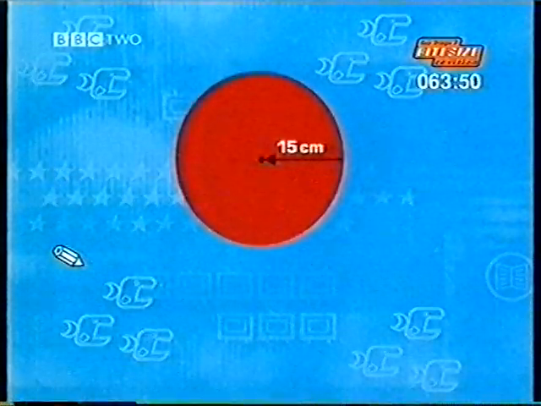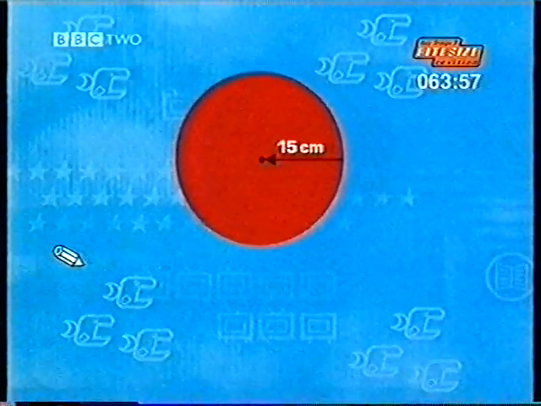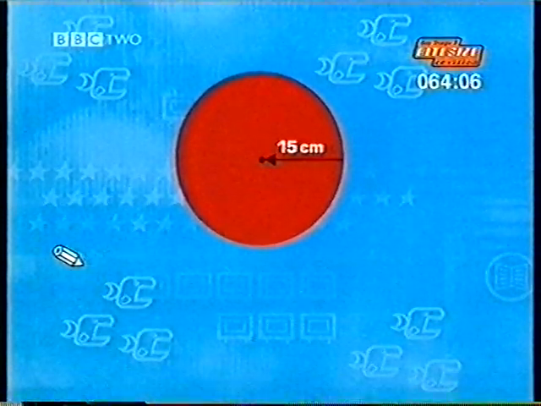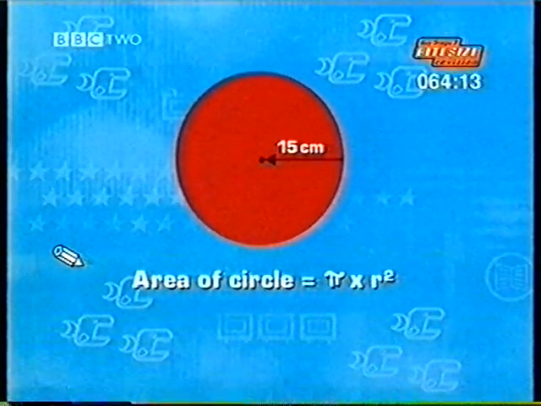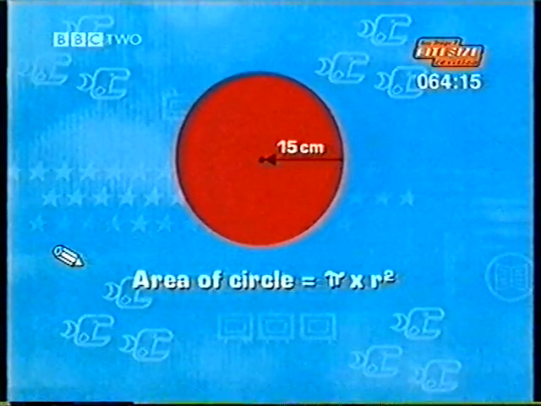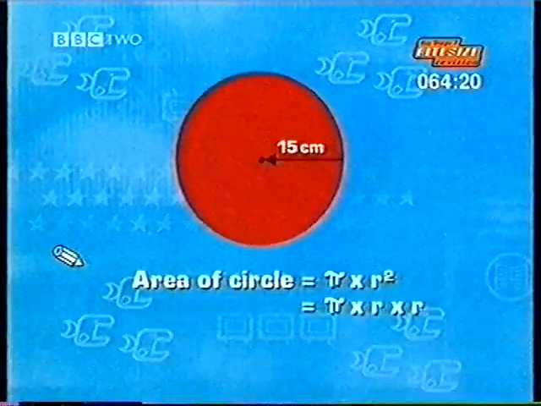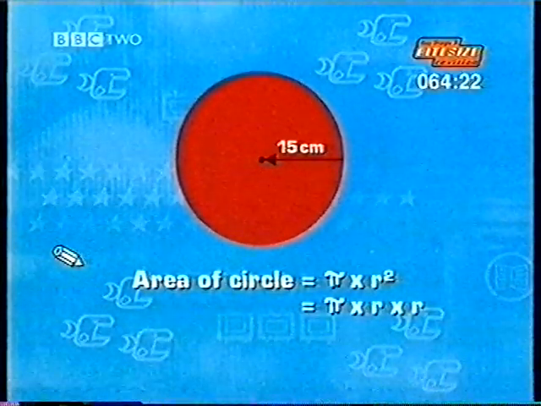For part B, you're asked to calculate the area of the circle. This circle has a radius of 15 centimetres, and you need to calculate its area, not forgetting to show your working. Write down what you know first of all. You know the radius equals 15 centimetres. The formula to find the area of a circle is pi multiplied by the radius squared, which means pi multiplied by the radius multiplied by the radius again.